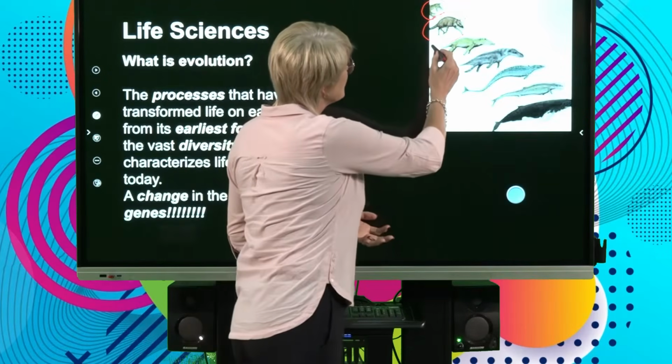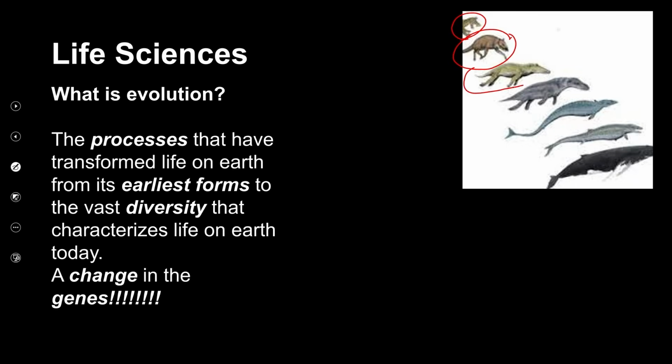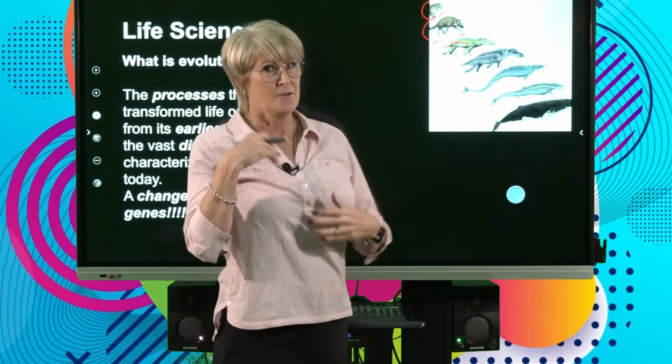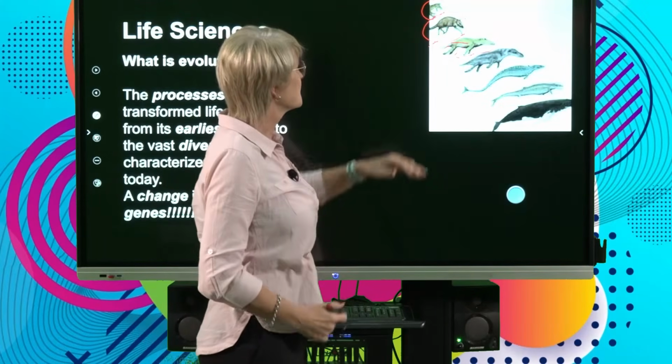So in the next organism, you can already see a change in the body shape. The body is becoming a little bit more elongated. The positioning of the limbs has changed so that they are more adept at swimming. Remember, they now need to survive in water. They need to find food. They need to get away from predators.